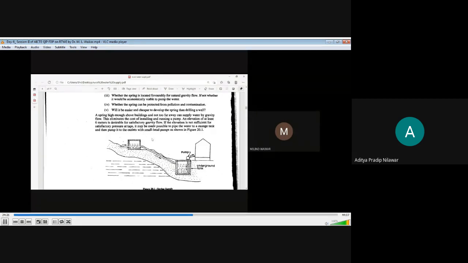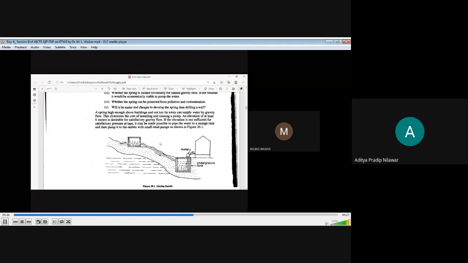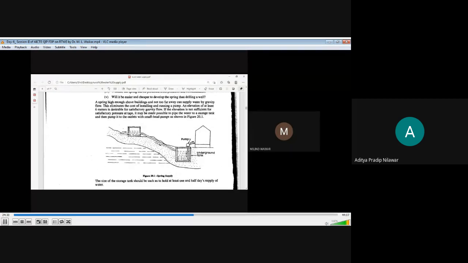For that we need small pumps. It can be a combination of storage near the spring, directly supplying water to the households by pipe without pumping, or if you find that this is not sufficient, then we can think of having another underground storage arrangement near the locality, and from here we can supply water.